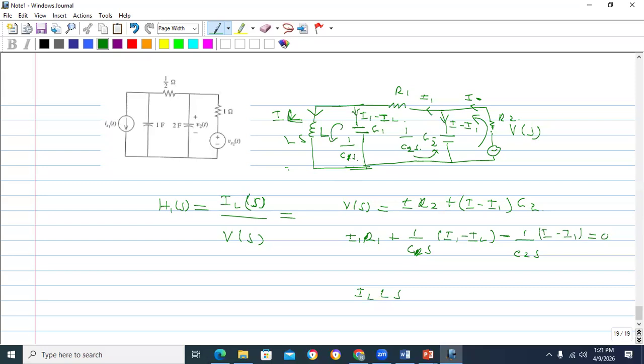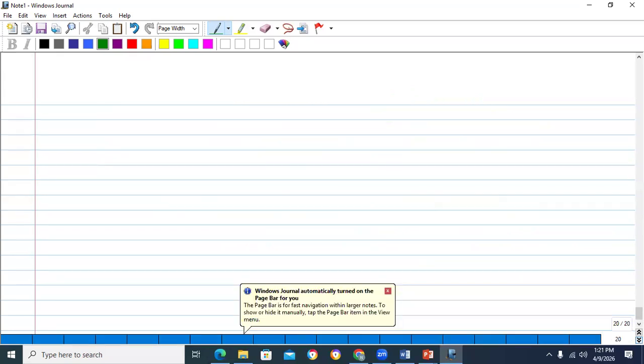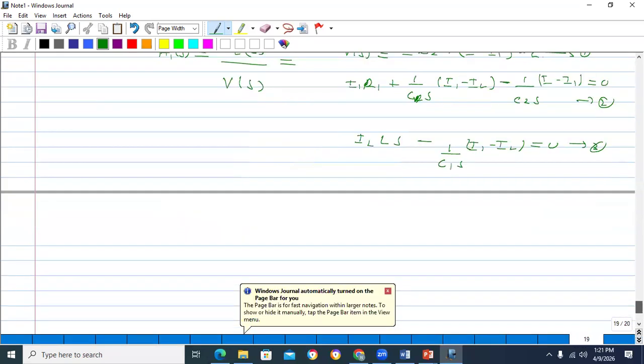I am applying the Kirchhoff law in this direction, so this will be minus 1 over C1S times (I1 minus IL) equal to 0. So these are equations 1, 2, 3. There are three loops, so you can write 3 equations for the 3 loops.